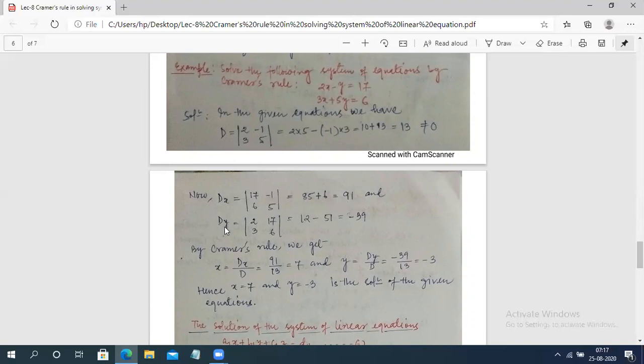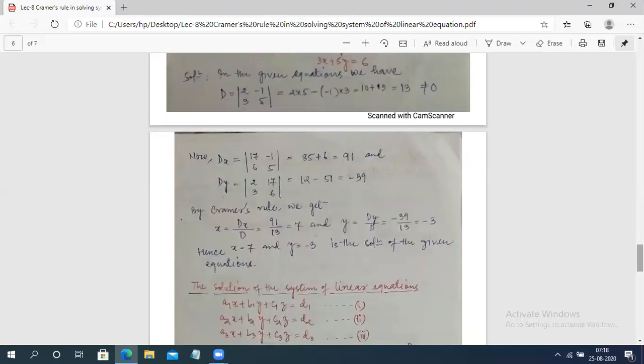Similarly, to find dy, the first column will be the same as in D, so 2, 3, there is no change. In the second column, we are changing the coefficients of y with the constant terms on the right hand side. So minus 1 and 5 will get changed into 17 and 6. So the value of dy is minus 39.